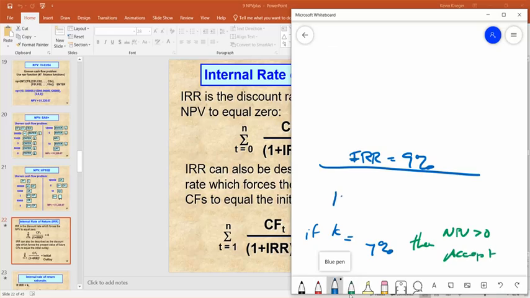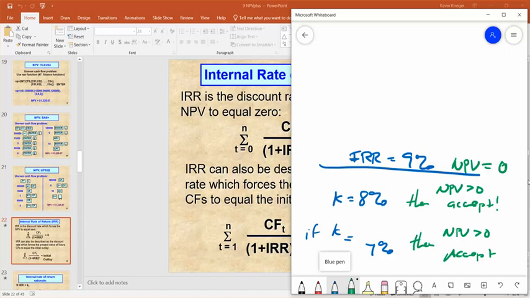If your K is 8%, same deal. Your NPV is going to be positive, accept. Right? But once you get to 9, now you have the magic number where your NPV is no longer positive. It's exactly 0.